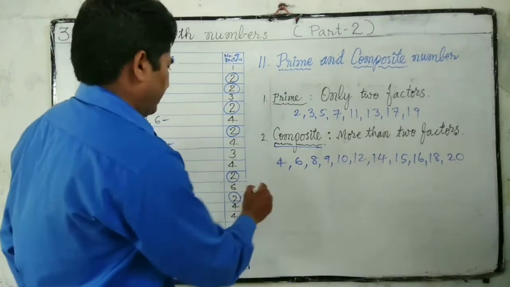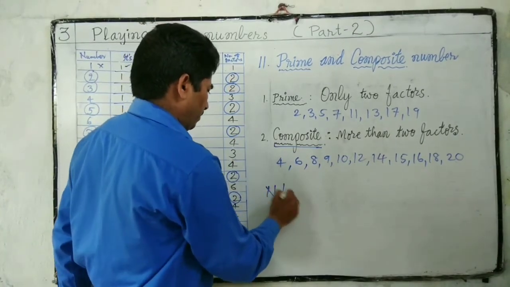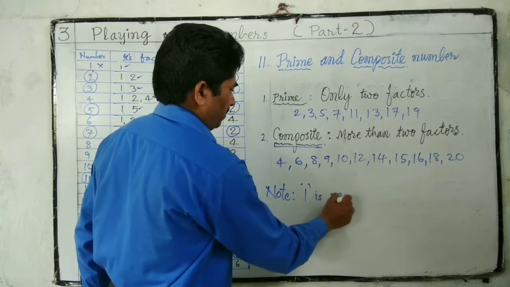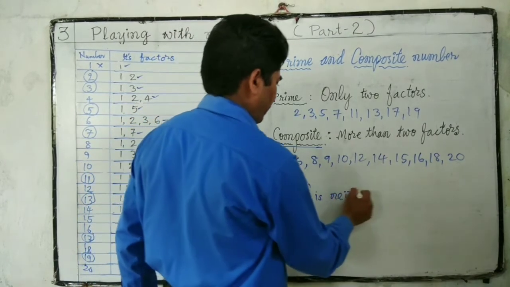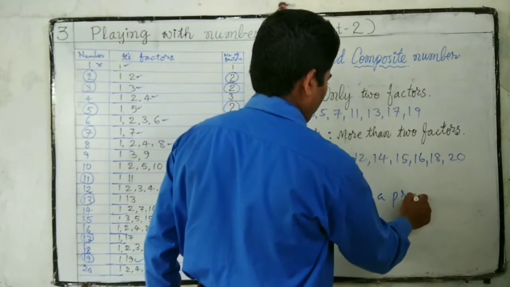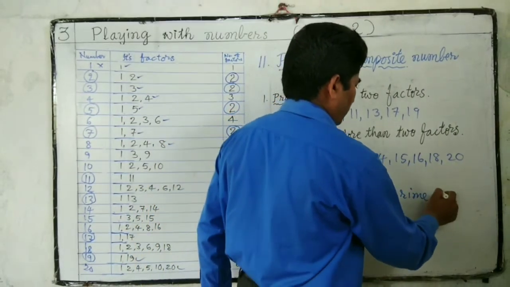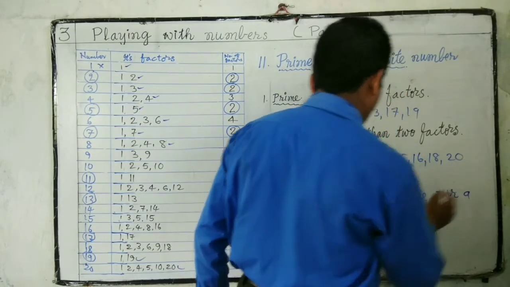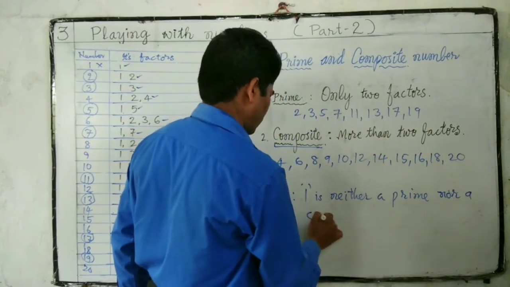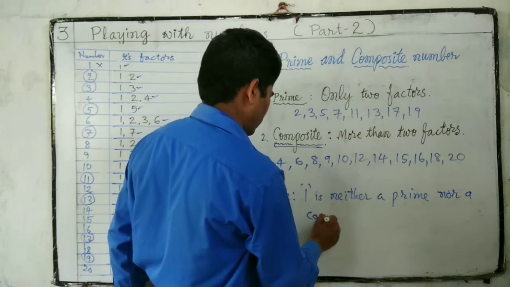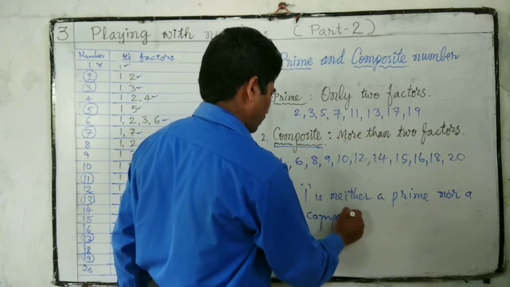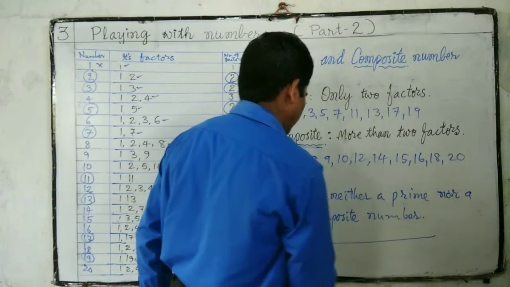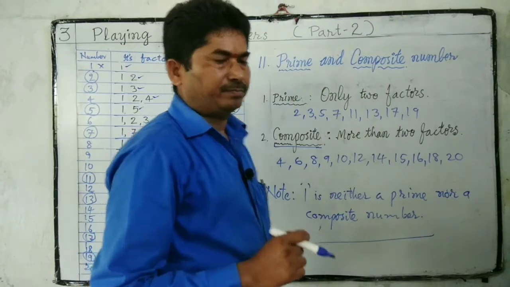One is neither a prime nor a composite number, because it has only one factor.